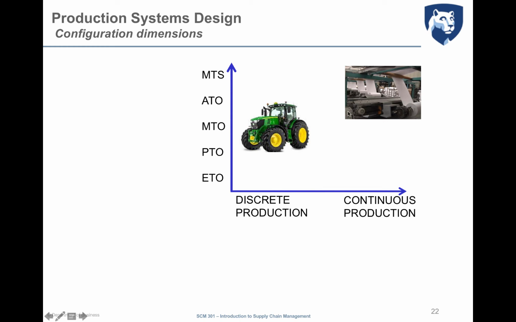So there's a second way to classify production systems. On one side, the way in which we manage the delivery lead time. On the other axis, the way we manage production. So it is a discrete production or a continuous production, which is of course typical of the characteristics of the product.